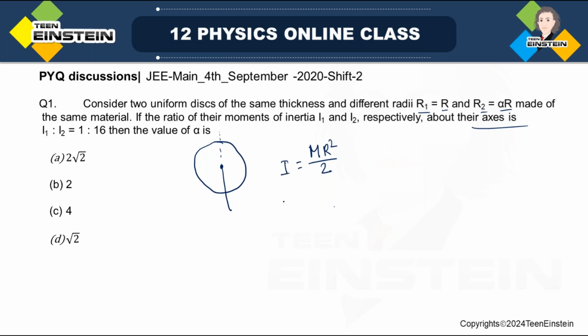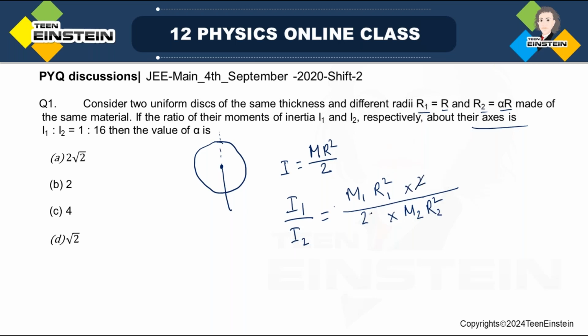Now I have to take the ratio. Let me write I1 by I2, that is M1 R1 square by 2 divided by M2 R2 square by 2.